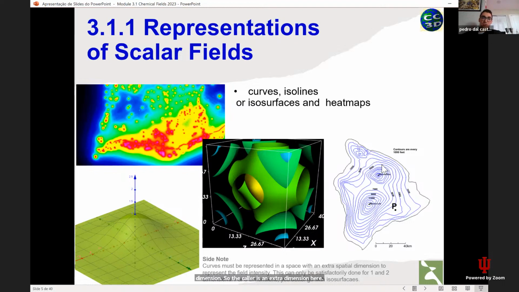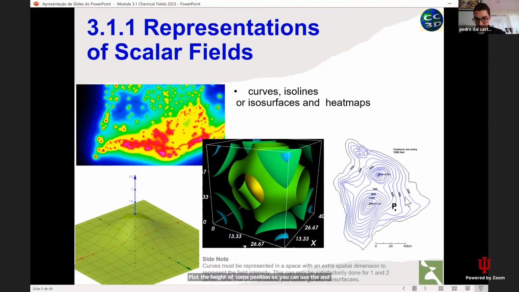You can also use isolines and isosurfaces. People generally are used to this concept in maps. So if you have a 2D map of some place, and you have to plot the height of some position, you can use the isolines, and each isoline represents a height.